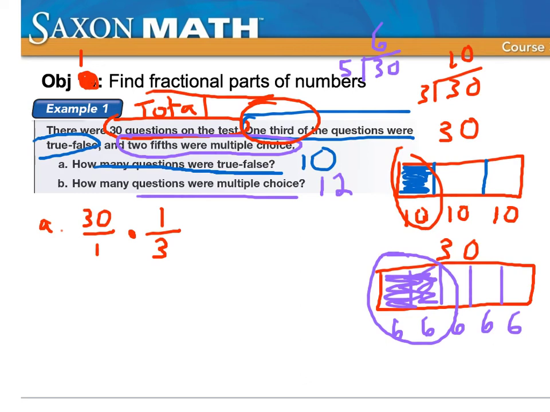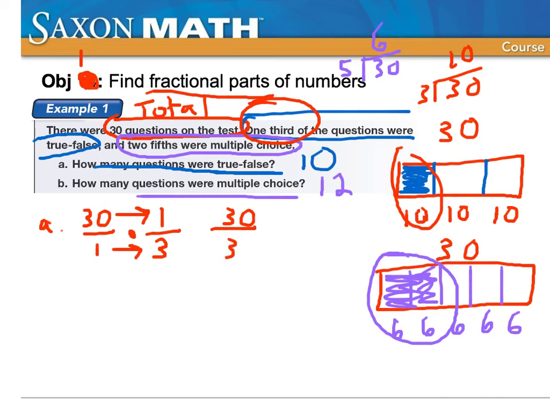When I multiply fractions, I multiply across. I multiply the tops. Because again, my last thing I need to do is to solve this, and I'm just going to solve it by multiplying. So multiply across the top. 30 times 1 gives me a new top number of 30. Then we multiply across the bottoms. 1 times 3 gives me a bottom number of 3.